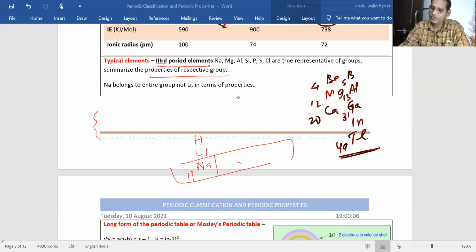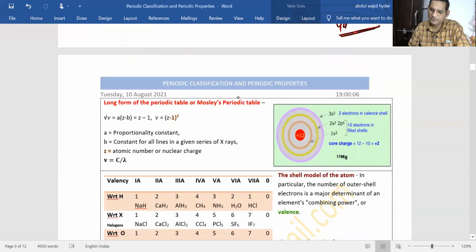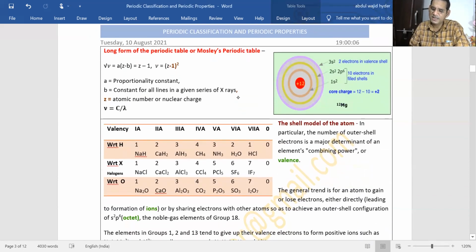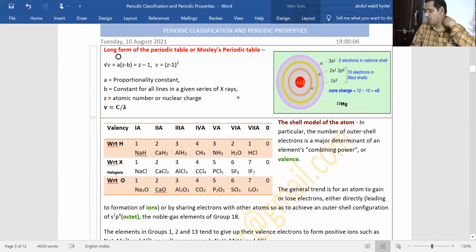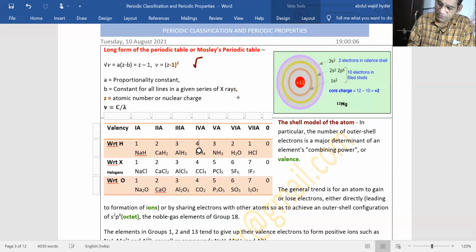Now see, after typical elements, Moseley's periodic table or the modern form of the periodic table. According to this, the square root of nu is equal to a into Z minus b, which is equal to Z minus 1.